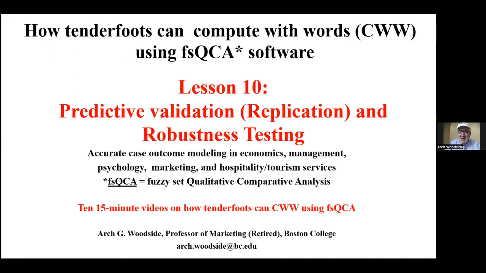Most studies only test for fit validity, not predictive validity. Now, predictive validity refers to testing of the same model for different samples. And also, we're going to talk a little bit about robustness testing of your calibrations.